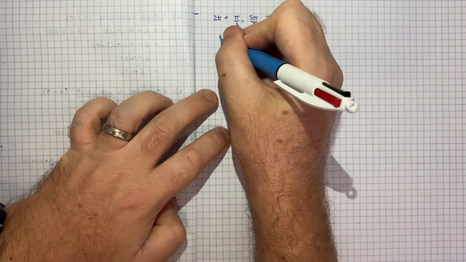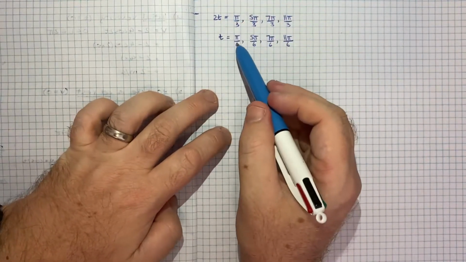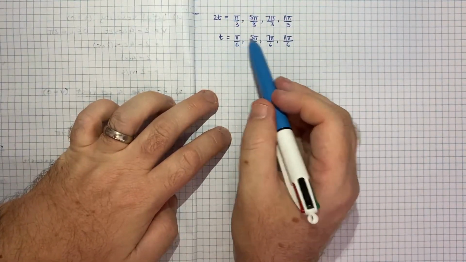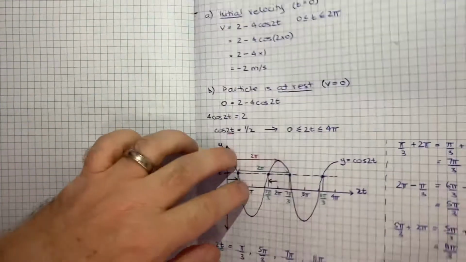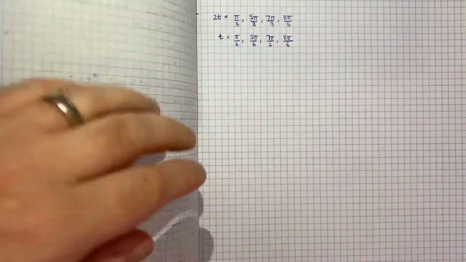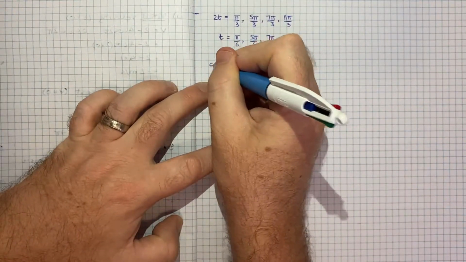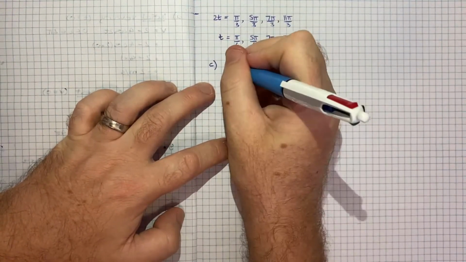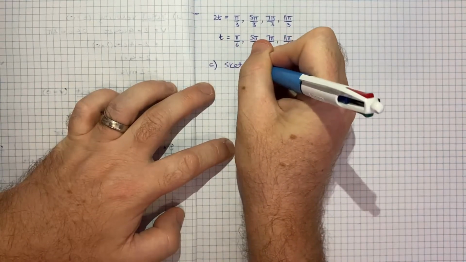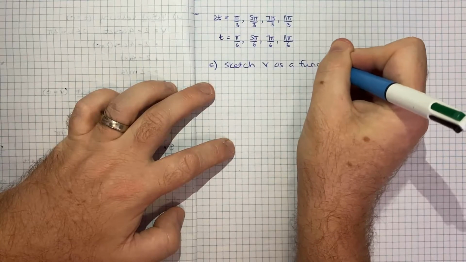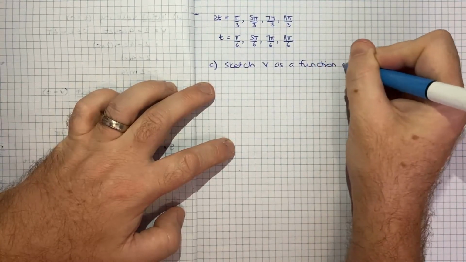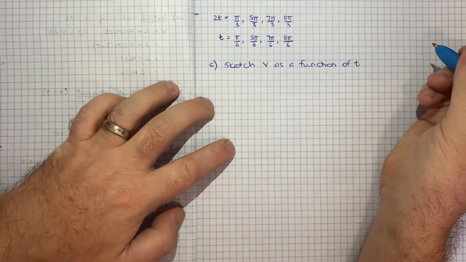So now we've got what will be our horizontal axis intercepts. And in part A, we had our vertical axis intercept. So now for part C, we're ready to sketch V as a function of t, which is what part C was asking us to do.